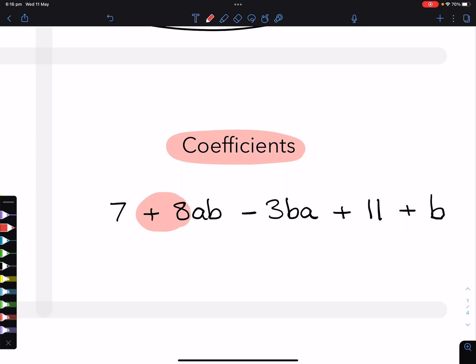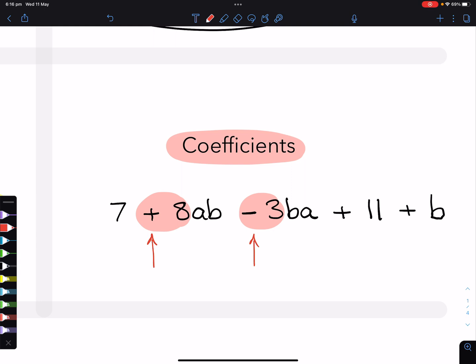That is super critical. The sign in front is very important. If you try to do all of these things, like gathering like terms, and you're not aware that this plus or minus sign is included with the coefficient, then you will basically solve everything incorrectly. Okay? So just keep that in mind.